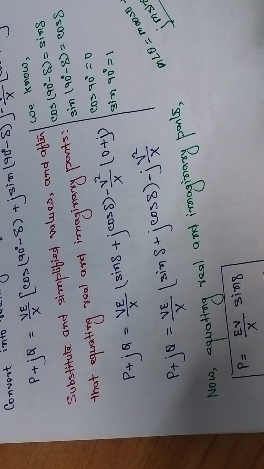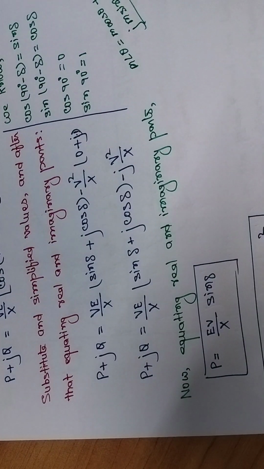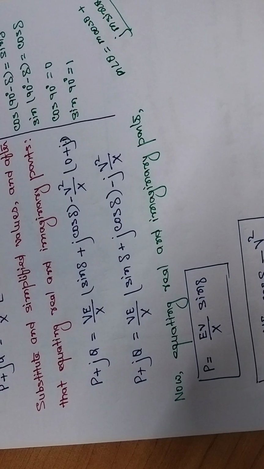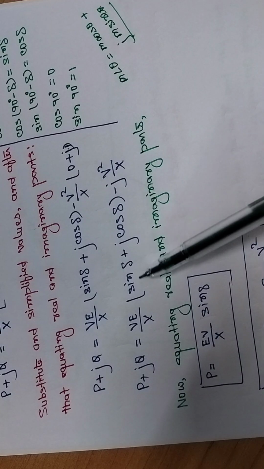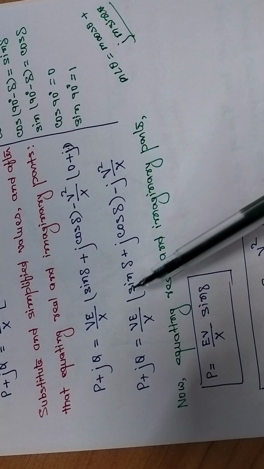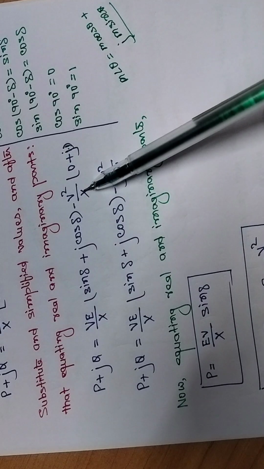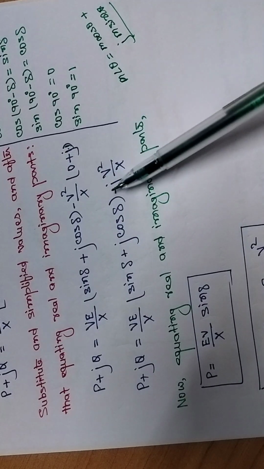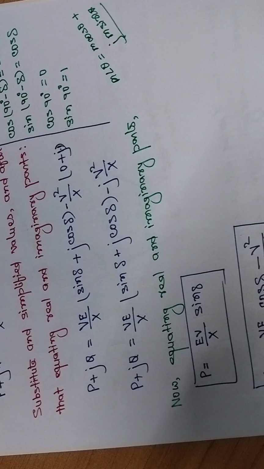So if we simplify the equations, we can write P plus jQ is equal to VE by X sine delta plus j of cos delta minus j into 1, so we took j and V square by X here.